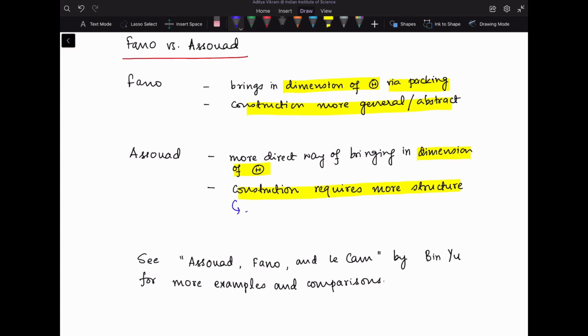But even then, such hypercube constructions, where we index by this plus minus 1 vector and satisfy this Hamming property, can be obtained in many scenarios.